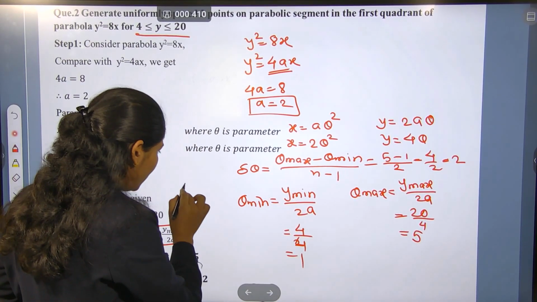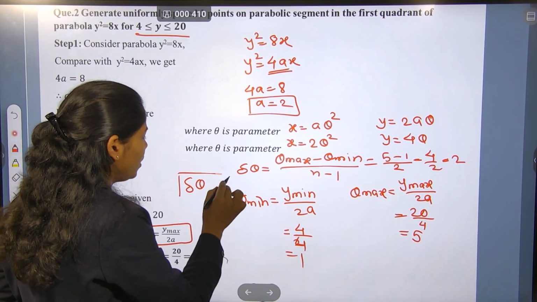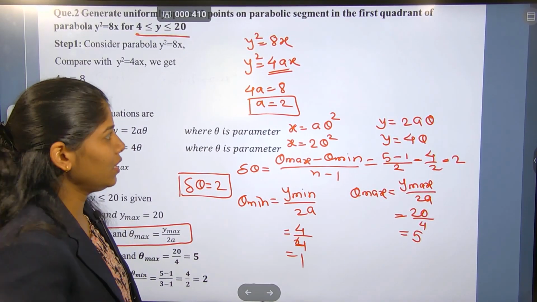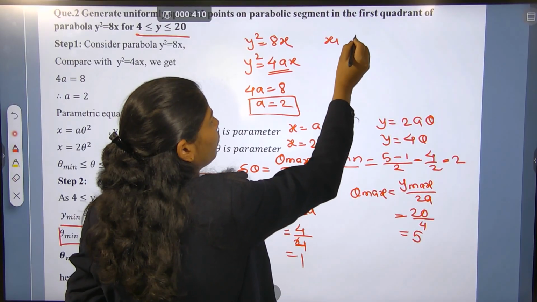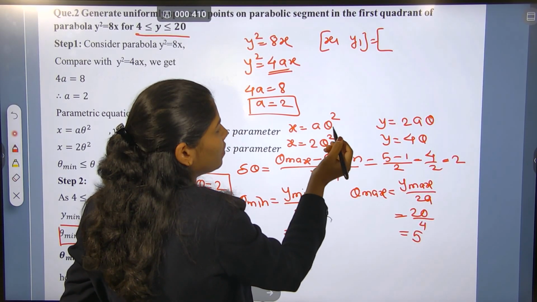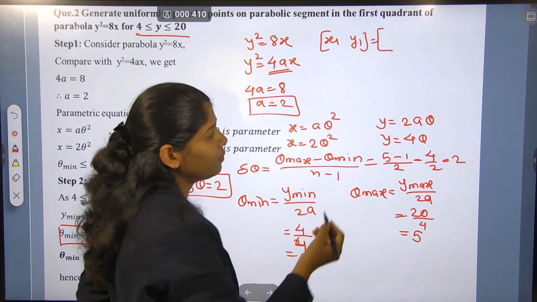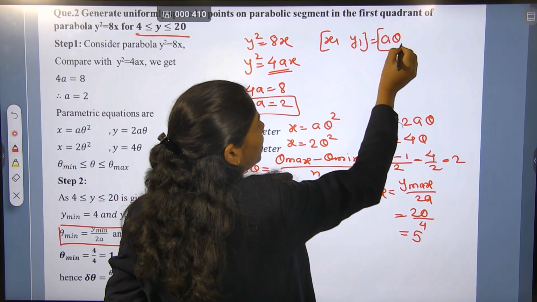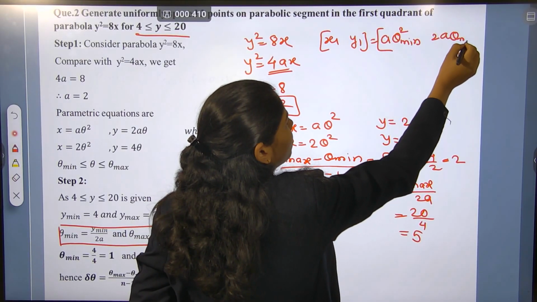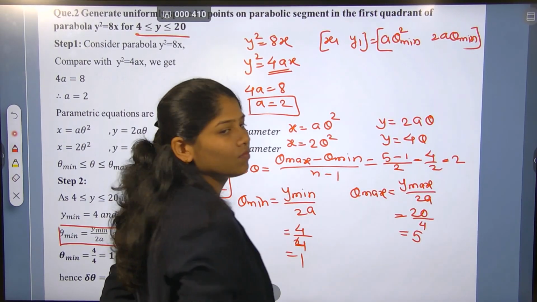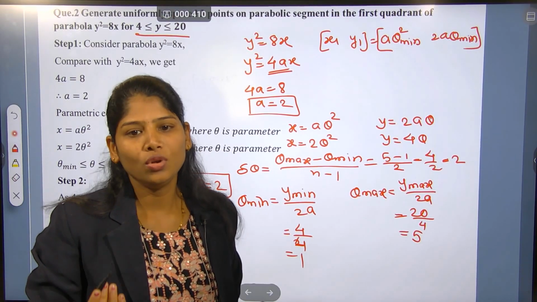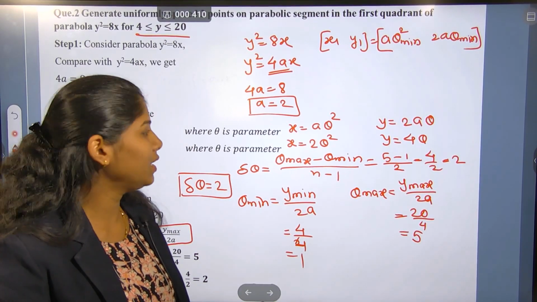After finding del theta, go for the initial point. So we know the initial point x1, y1 equals this parametric equation: a theta minimum square, 2a theta minimum. Okay. So we have the value of a and also theta minimum and theta maximum.